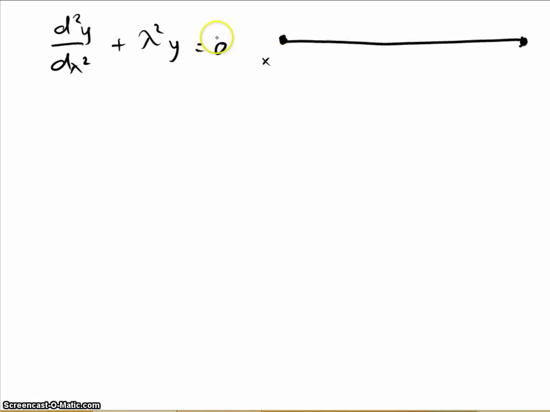If this is x = 0 and this is x = 1, for example, then my y(0) would be 0 and my y(1) would also be 0.